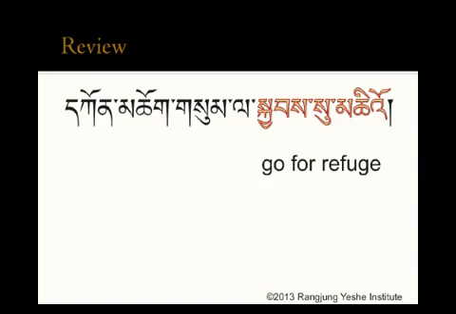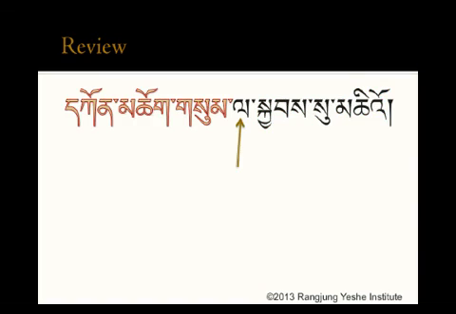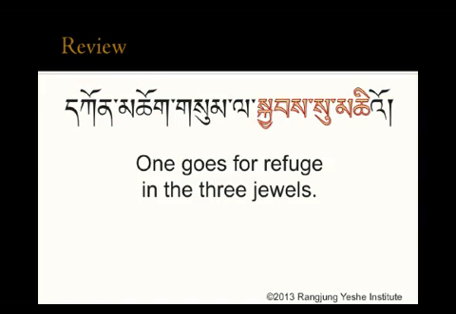Kyapsu chi is a compound verb, go for refuge. This actually has the same meaning as kyapsu dro, which we saw in the examples in Lesson 5. So, kyapsu chi is connected with another Ladun particle to kuncho sum, the three jewels. Now, this form of the Ladun particle is showing the location where the going for refuge is happening. So we could translate this as one goes for refuge in the three jewels.